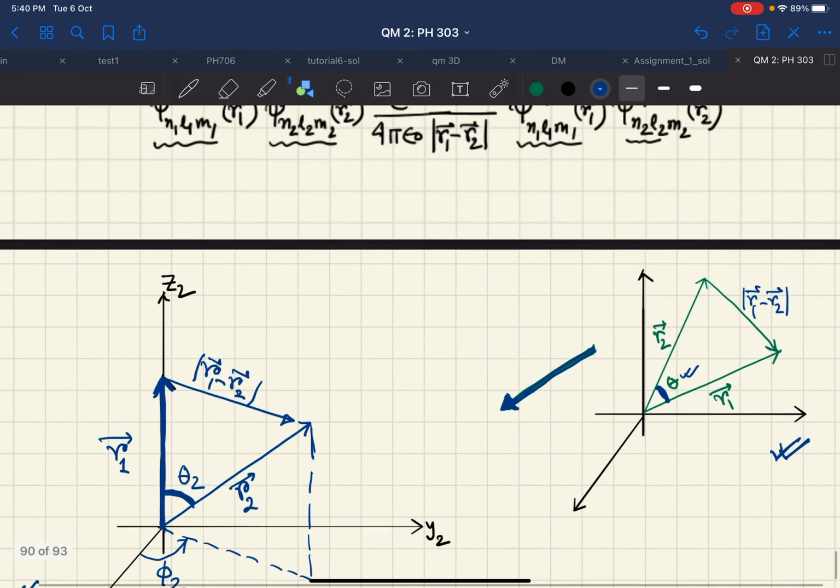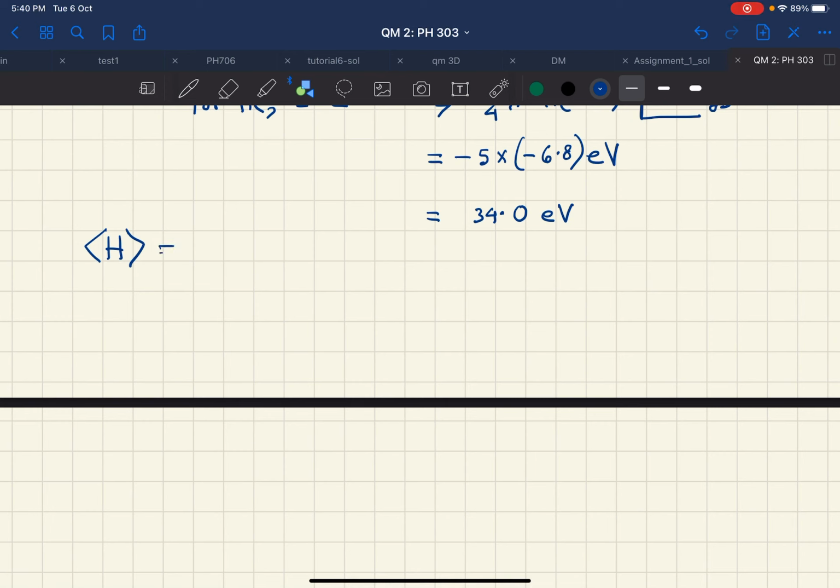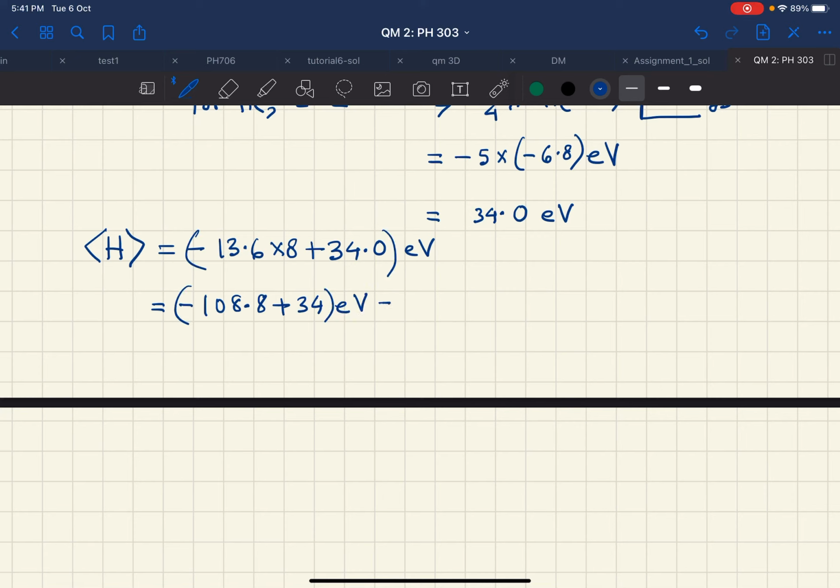So I will write it as minus 13.6, U1 is minus 13.6 into 8 plus 34.0 electron volts, which is of course minus 108.8, which was our earlier result, minus 108.8 plus 34 electron volts, which is nothing but minus 74.8 electron volts. Not bad, huh?